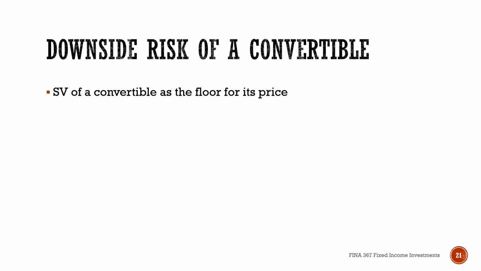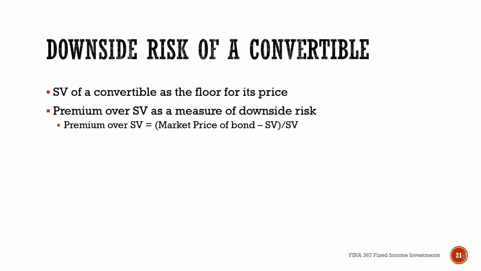Therefore, it makes sense to think of the premium over the straight value as a measure for the issuer equity risk. This premium can be expressed as a portion of the bond straight value, and the higher this premium, the riskier the equity of the issuer.